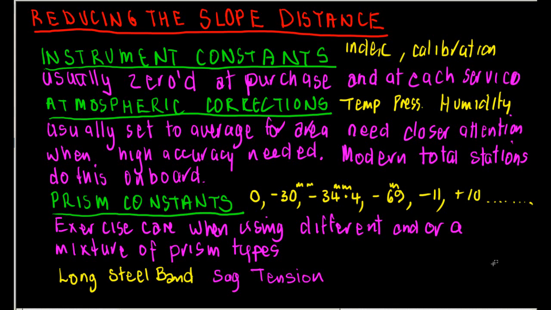One of the ways is to ensure that you only use prisms with one constant, so that there is no fear of changing and then not changing back to the correct prism constant at the appropriate time. You must therefore exercise care when using a mixture of prism types, because this can lead to confusion and error.